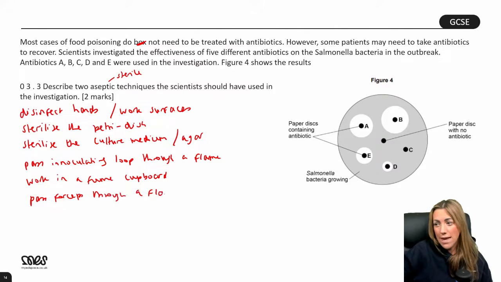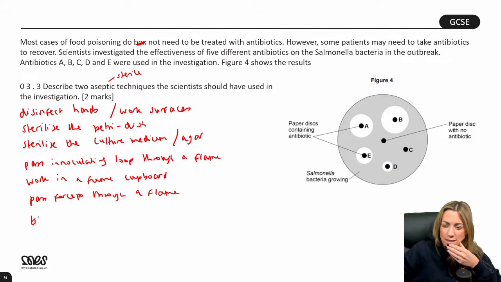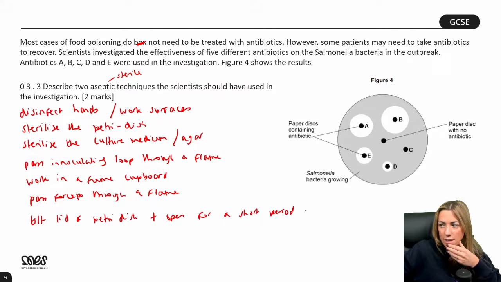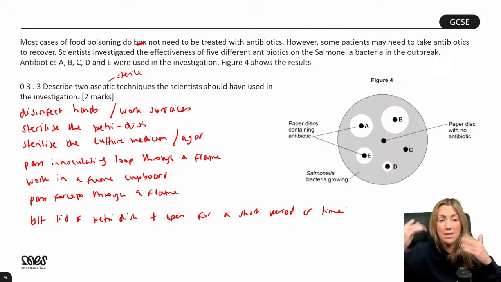Again, forceps are made out of metal, so the way that we sterilize them is to pass them through a hot flame. Tilt lid of Petri dish and open for a short period of time. This is to prevent, again, any bacteria from the air potentially falling on the agar and contaminating the plate.